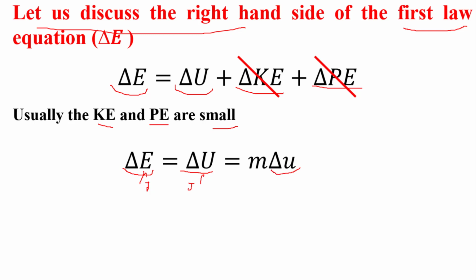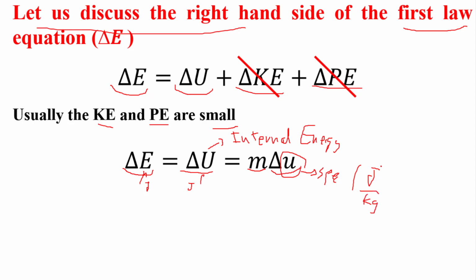This is equal to the specific internal energy multiplied by the mass. Anything uppercase is in joule, and the specific one has the unit joule per kilogram, or you will find it in kilojoule or megajoule, it does not matter.